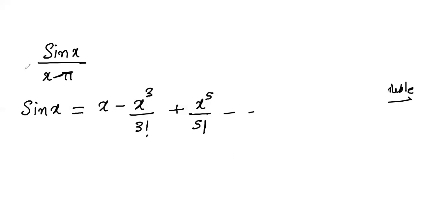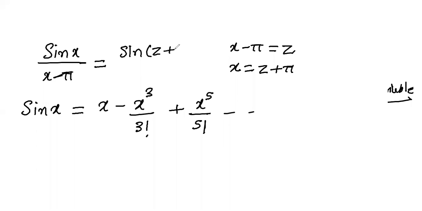So what I'll do in this function, I'll put x minus 5 is equal to a new variable z. I'm making it simpler. So x minus 5 equal to z, we will substitute. So x will be z plus 5. Okay, so our function will become sine of z plus 5 upon z.